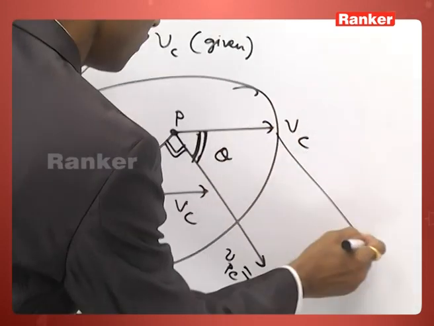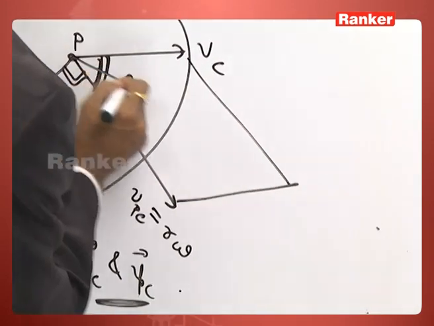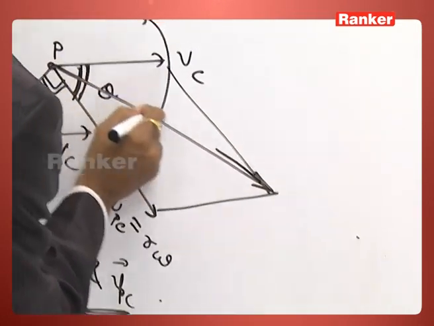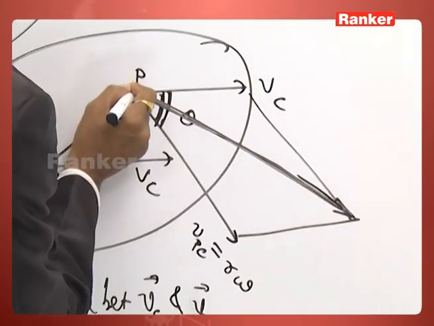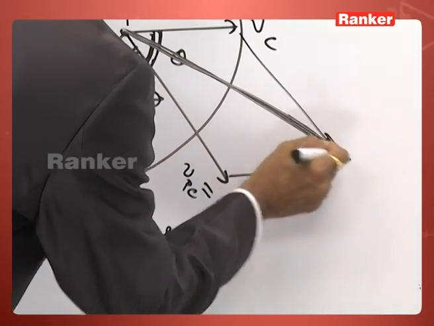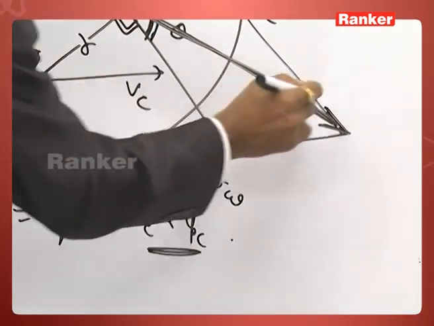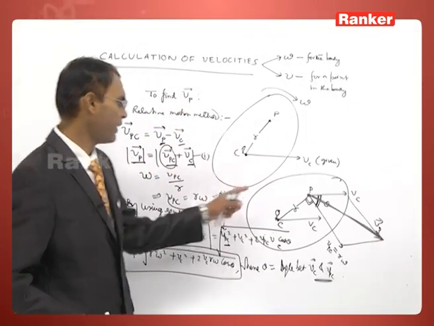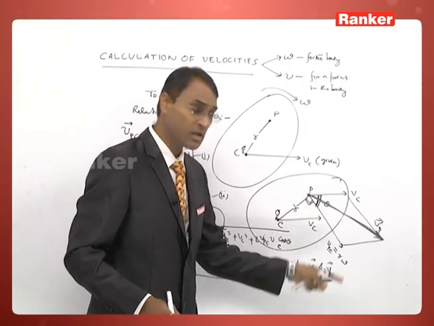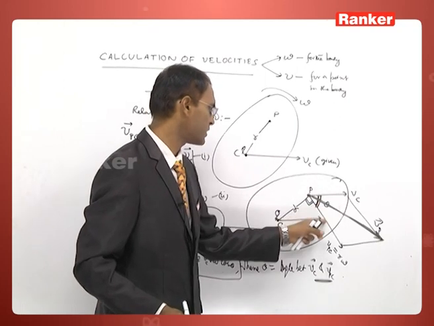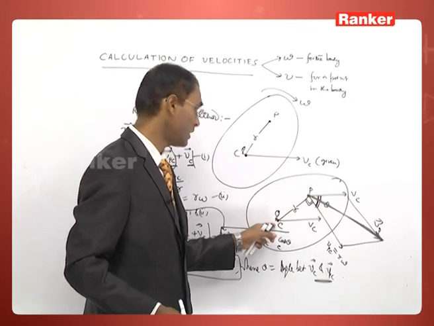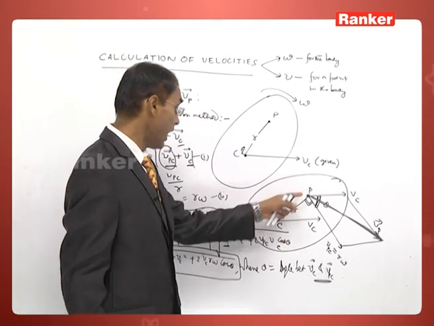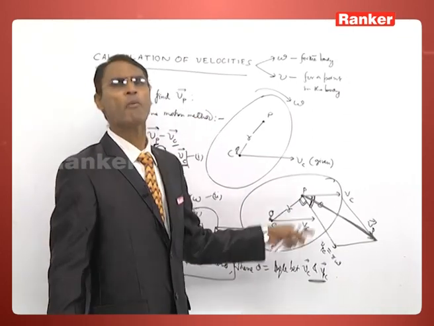If we add these two by a parallelogram law of vectors, we can get the direction of the velocity of P. This is the velocity of P. So velocity of P is the vector sum of these two velocities, velocity of the point C and velocity of point P with respect to C, that is equal to R into omega. R is the distance of separation between these 2 points.